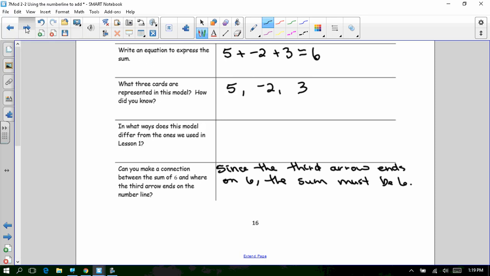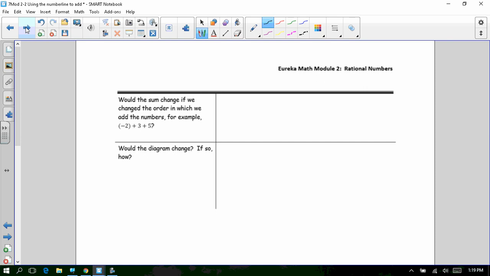Well, let's keep going on this. What's on the top of the next page? Would the sum change if we changed the order? What if we changed the order? Right? What if we had gone -2 plus 3 plus 5? Would it change the answer? Remember what I said about a page back? I said, no, we can have it in any order, right?